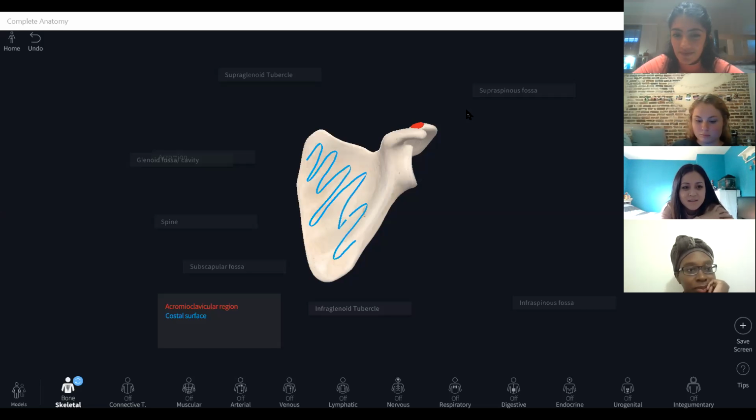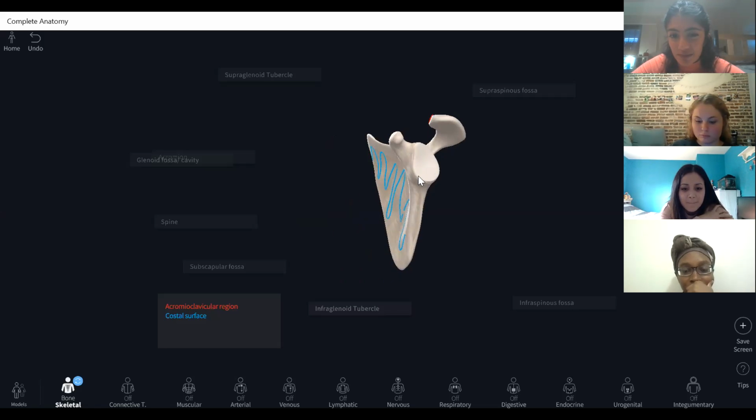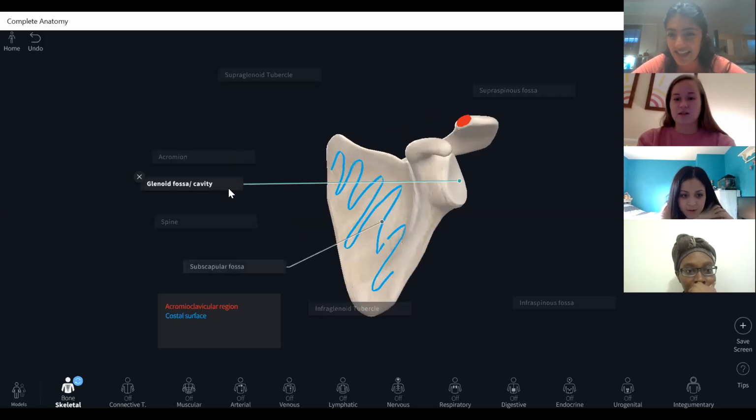The tubercle? Or like that little hole right there. This one? Yes, exactly. So does anyone remember what this is called? Glenoid. Yes, the glenoid cavity or the glenoid fossa, right? So fossa or cavity, either works.